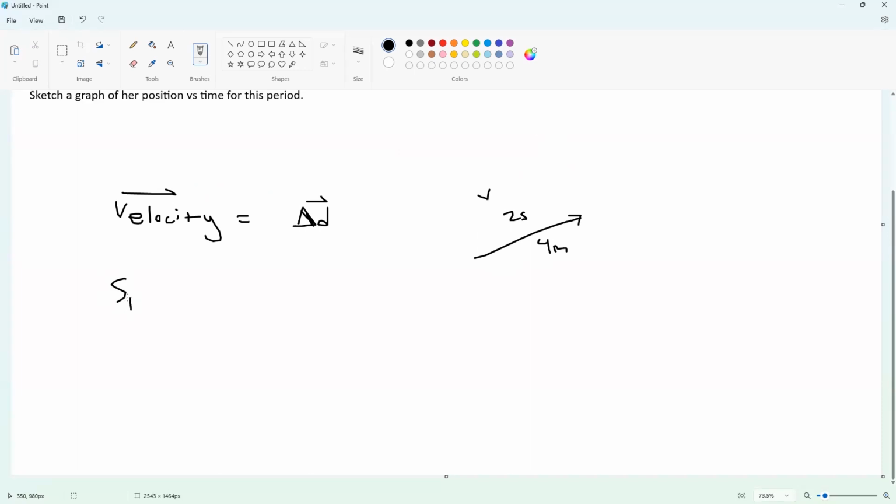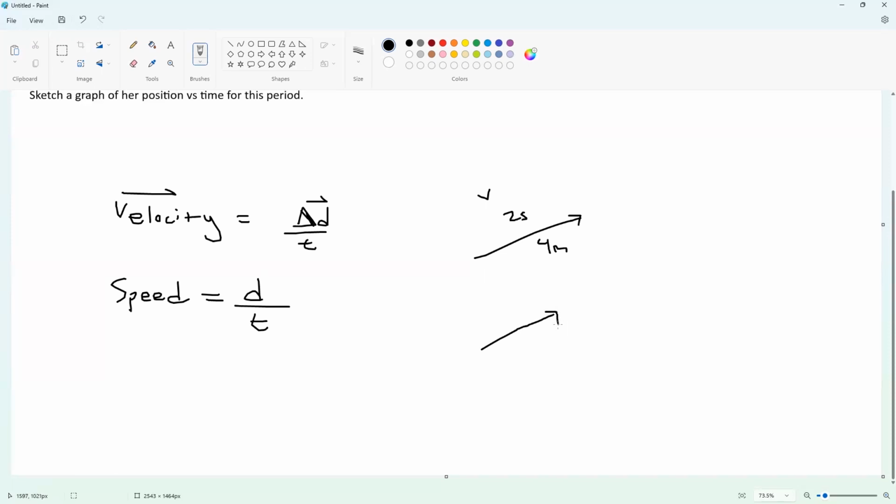But speed is not a vector, it is a scalar quantity. It's not positive, it's not negative. So you're going to be using just distance over time, because distance by itself is a scalar quantity.